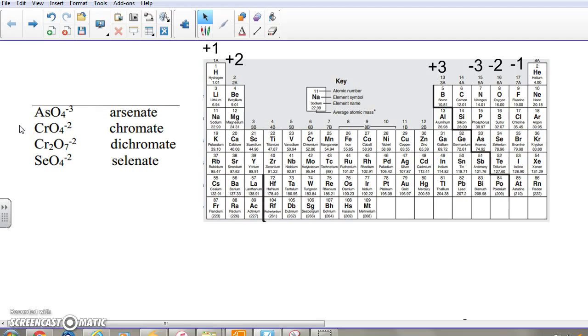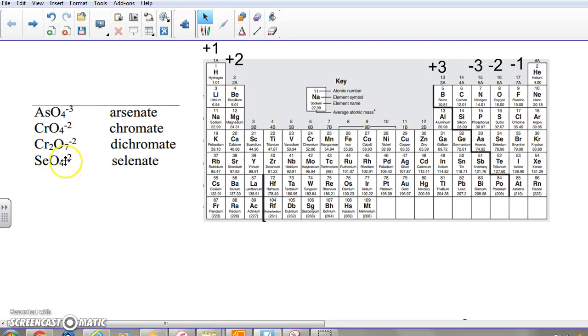Chromate is CrO4, has a -2 charge. And dichromate, about the only tip I have for this whole section is that di means 2. So chromate has a chromium, and dichromate has 2 of them. And you would think you could double the number of oxygens as well, but it's never that simple, is it?